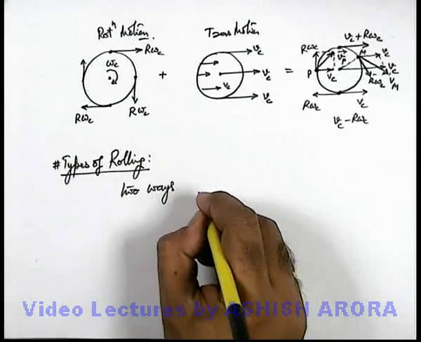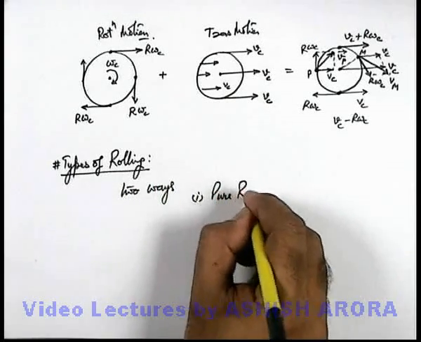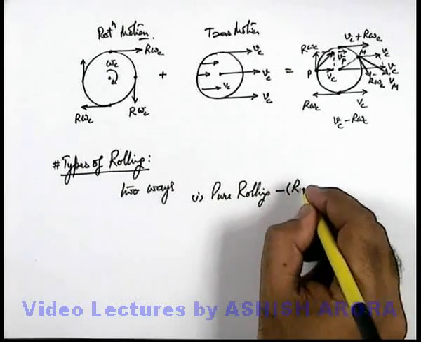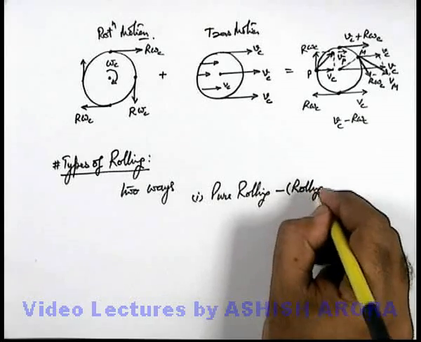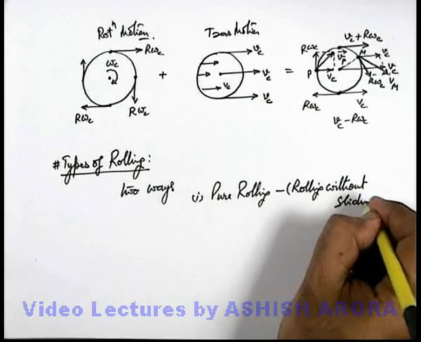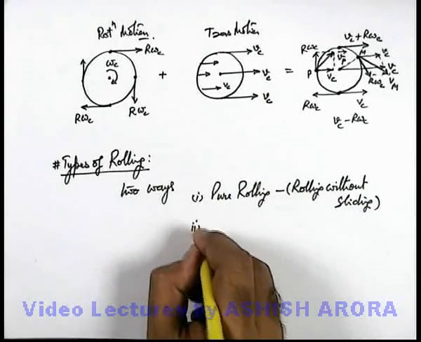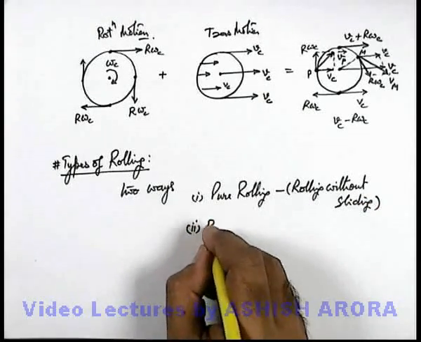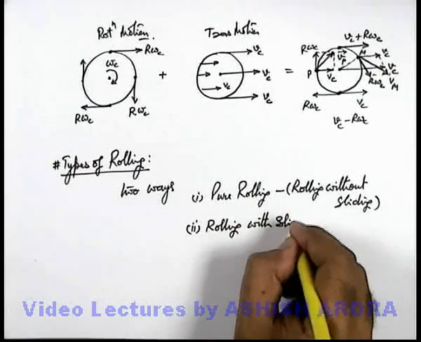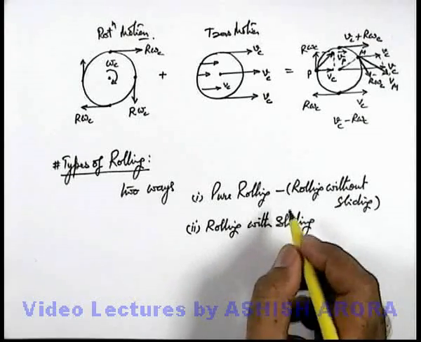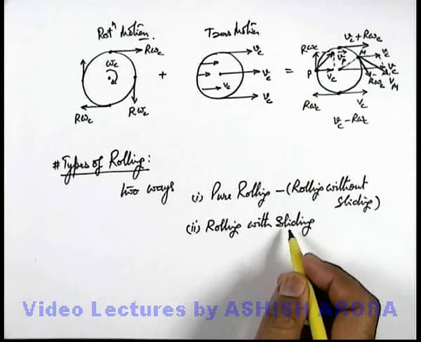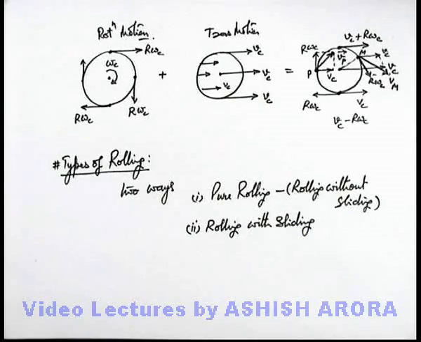The very first we term as pure rolling, also termed as rolling without sliding, and the other type we can simply call rolling with sliding. So let's analyze both cases: pure rolling, which is also termed as rolling without sliding, and rolling with sliding, in detail.